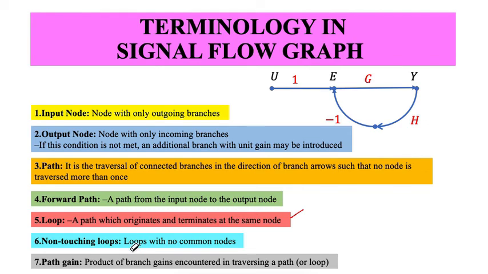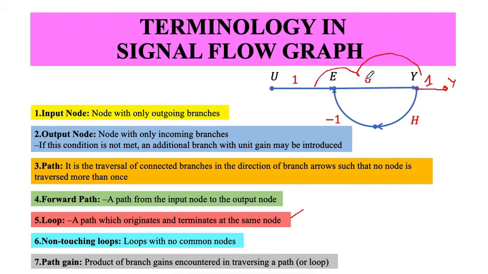So for path gain, if I traverse from U till Y, the gain is 1 times G times 1. So it will just be G. Why?